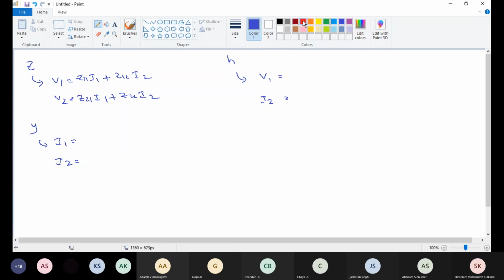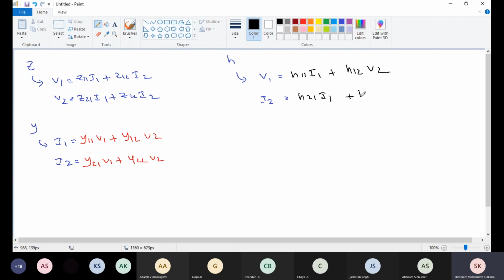For Y: I1 equals Y11 V1 plus Y12 V2, I2 equals Y21 V1 plus Y22 V2. For H: V1 equals H11 I1 plus H12 V2, I2 equals H21 I1 plus H22 V2.